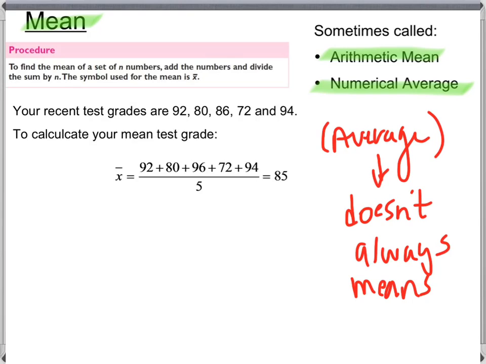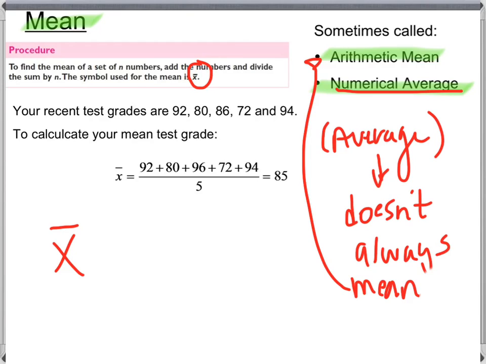It doesn't always mean numerical average. So we have to be more specific when we say the word average to say either numerical average or arithmetic mean. Now, a lot of times mean is represented with X bar, and you've seen that before. That's read as X bar. That's the symbol that we use to represent mean.